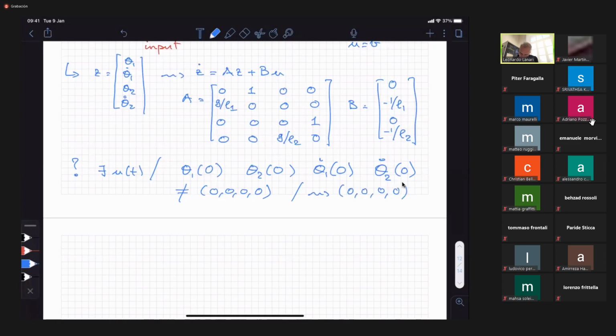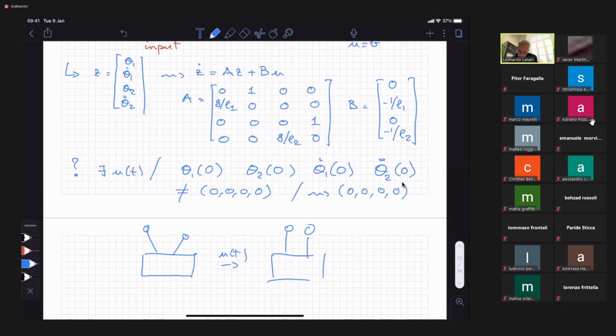Or if you prefer, we start like this, even with non-zero initial velocities for the two pendulums. And this input, u of t, will move the cart such that we asymptotically have this situation here.